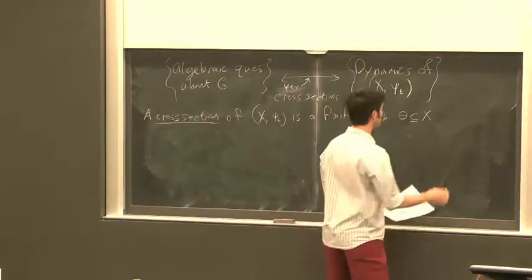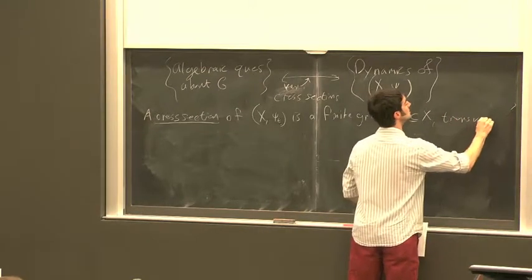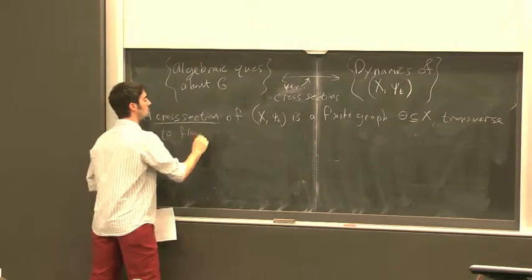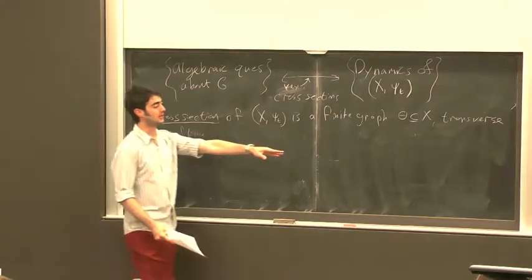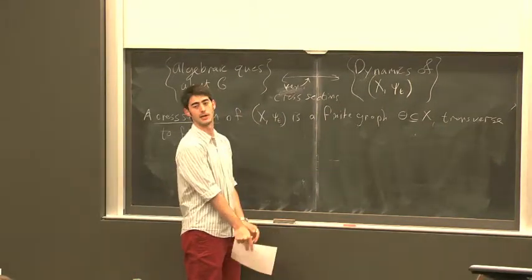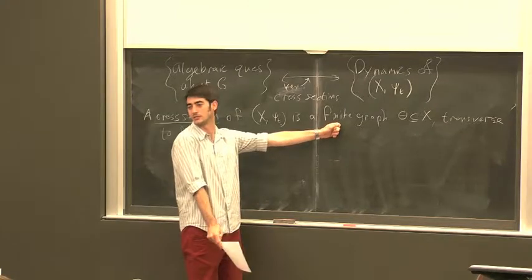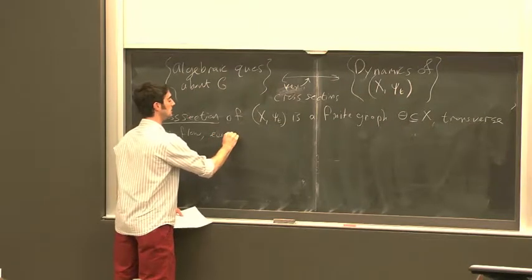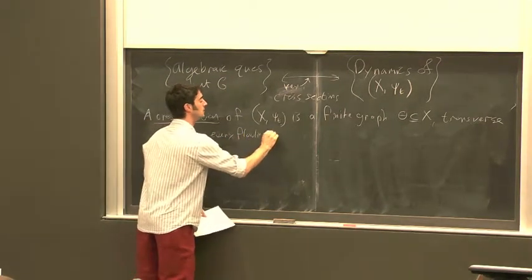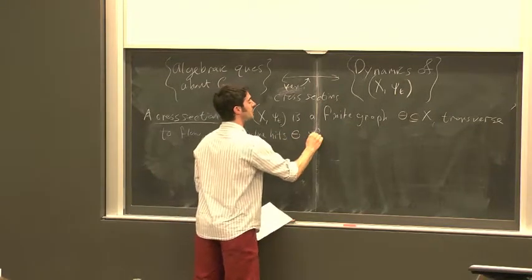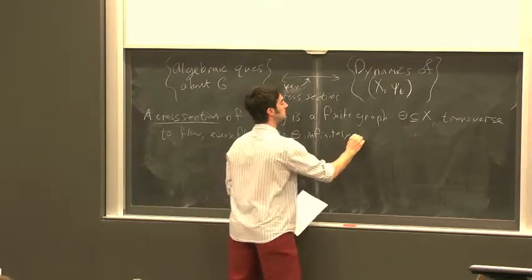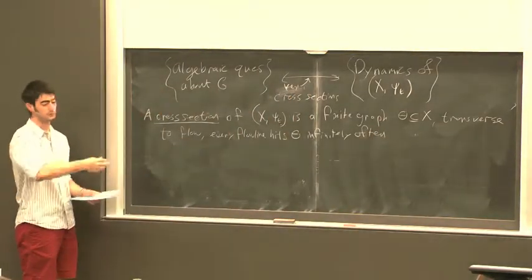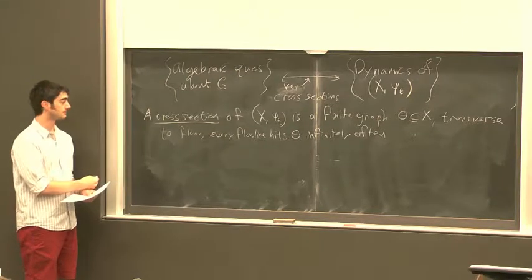It should be transverse to the flow. I just mean, this is a 2-complex, and every 2-cell is foliated by flow lines, and I want my graph sitting inside to be transverse to all those lines. And every flow line hits it infinitely often. So it's a graph sitting inside where every flow line comes back. That's a cross section.